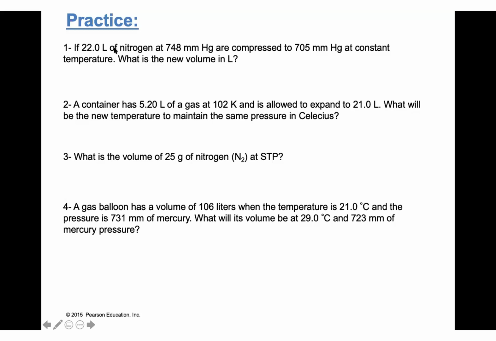Make sure it's the diatomic nitrogen here, N2. So we have N2, 748, and compressed to 2. That's state 2, right? So that's P1, that's P2, and it says at constant temperature.